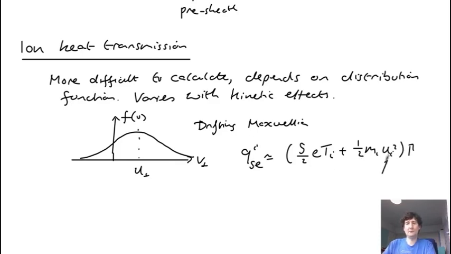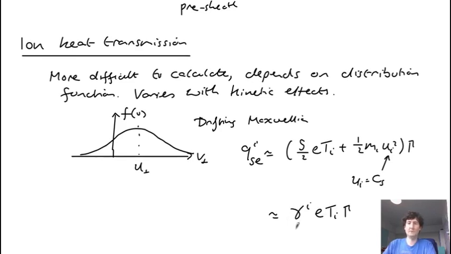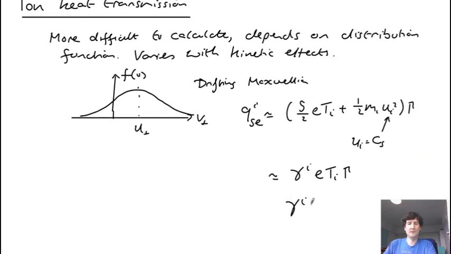At the sheath entrance, u_i is the sound speed, and this gets another factor of T_i here, and so in total we again write this as gamma_i times T times the particle flux, so we have another sheath heat transmission coefficient, and gamma_i here is basically 5 halves plus another 1, so this gives 7 halves from this calculation.